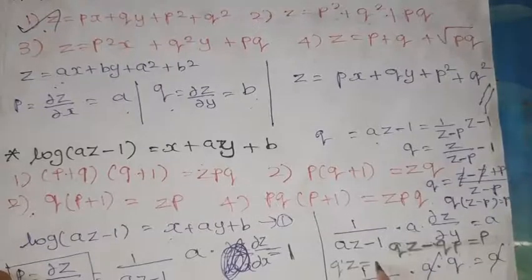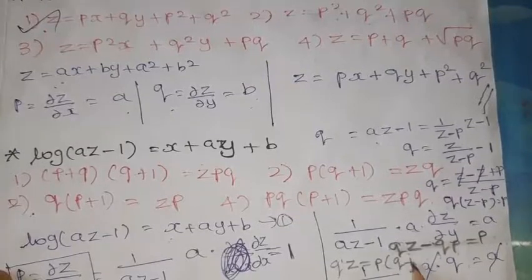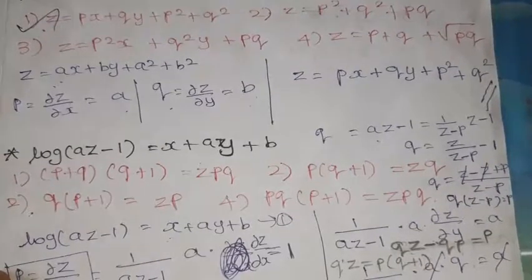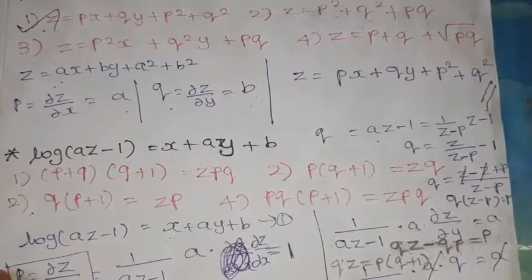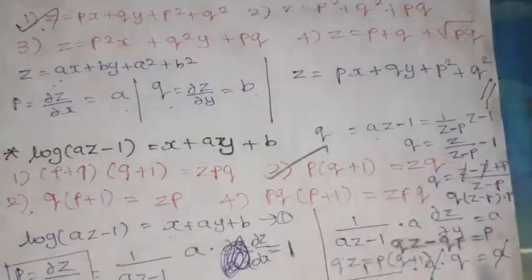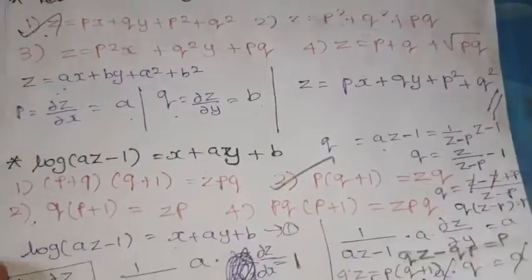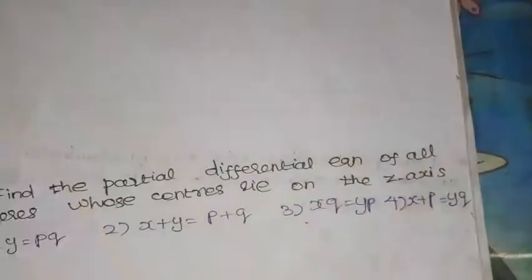P plus pq. P plus pq is nothing but p into q plus 1. So zq equal to p into q plus 1 is the right option for this problem. We'll move on to the next problem.